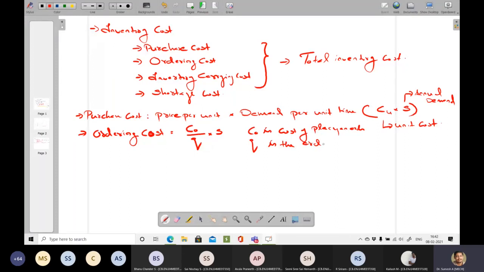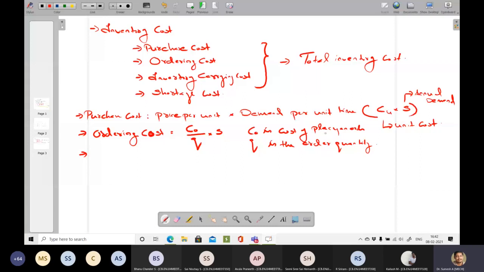Now what is this carrying cost? The carrying cost includes rent of storage facility, salaries of personnel and related storage expenses, cost of deterioration and spoiling, cost of insurance, and cost of capital, that is interest lost on capital invested. Sometimes some special tax also you are supposed to pay for storing certain items. So how long you are going to hold the inventory with you, the carrying cost you have to take into account.